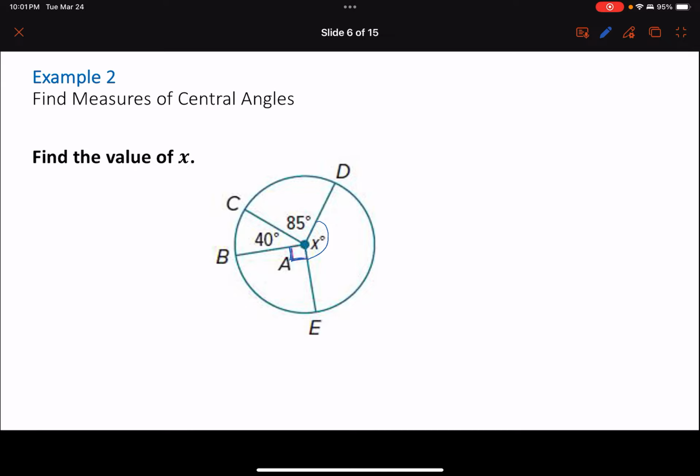So if we add 85 and 40 and 90, we will get 215.